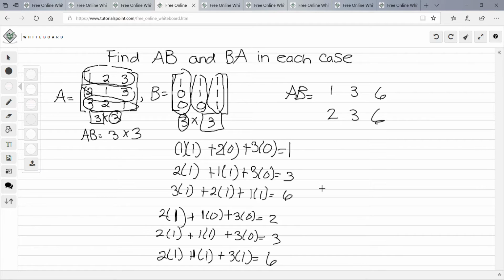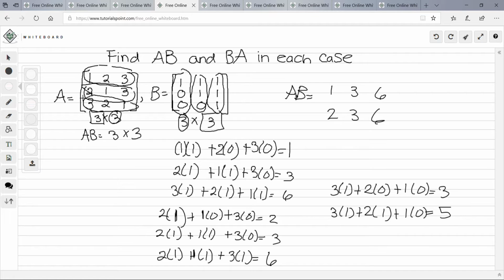And then our last row is going to be this row times each column. So it's going to be 3 times 1 plus 2 times 0 plus 1 times 0. That is 3. And then this row by this column, so it's going to be 3 times 1 plus 2 times 1 plus 1 times 0. That's going to be 5.